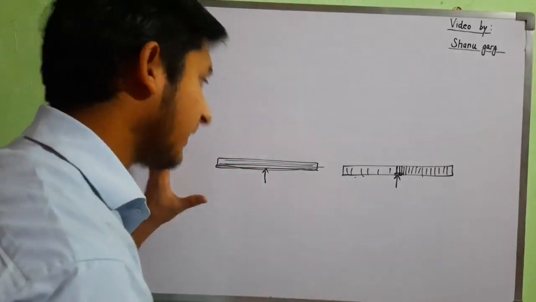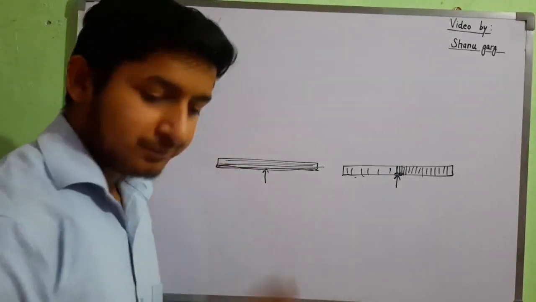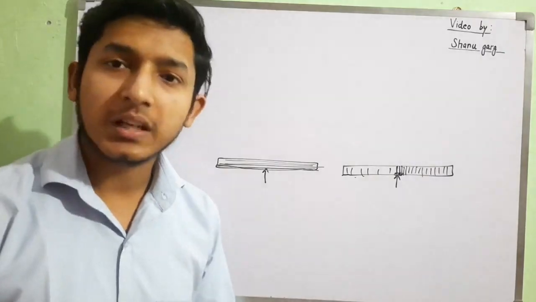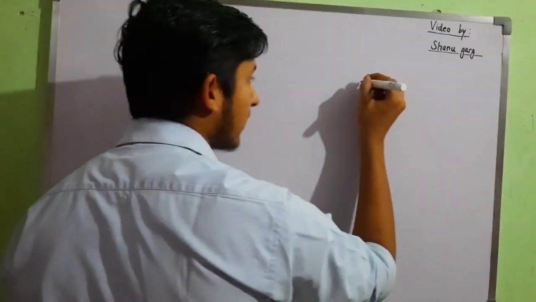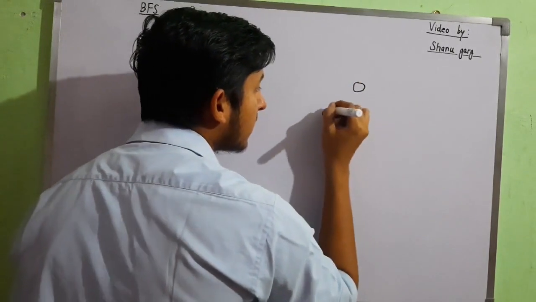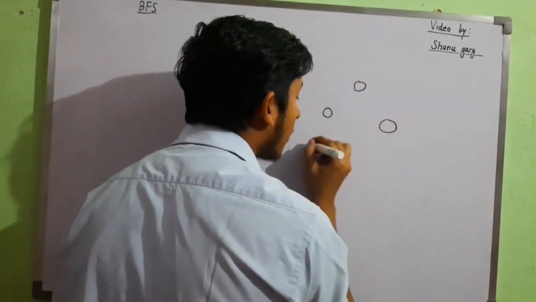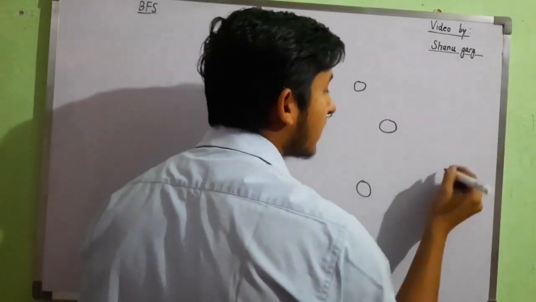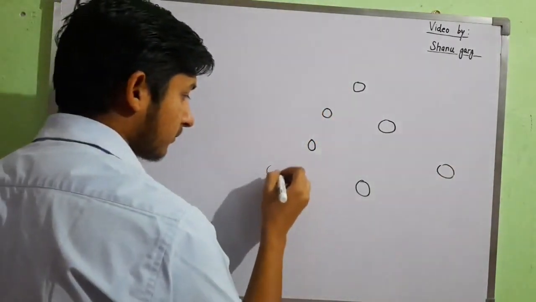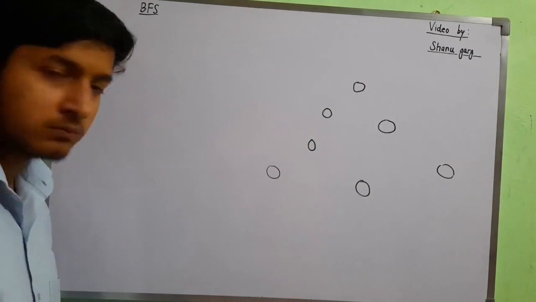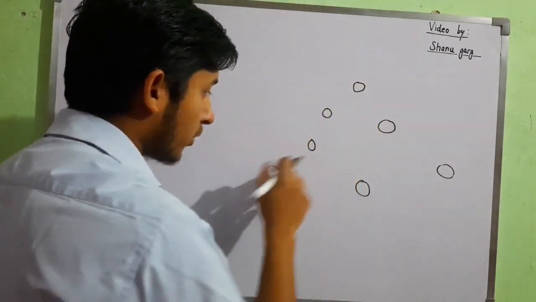If that makes sense, let's start with the concept of a graph. Suppose we have a graph. You must be aware that a graph is a collection of nodes that are connected randomly. These are nodes.